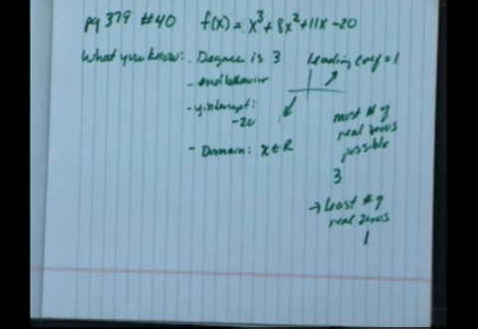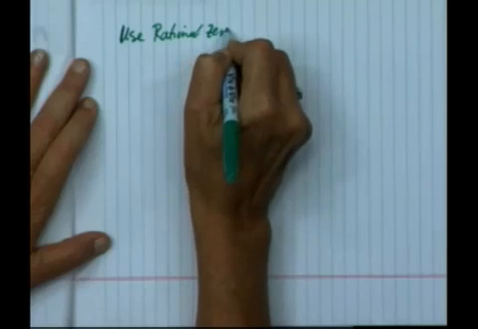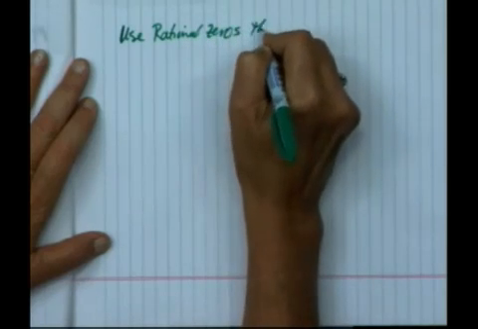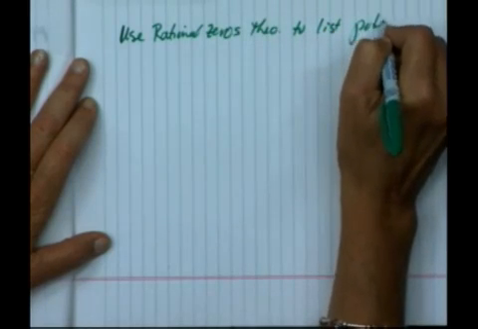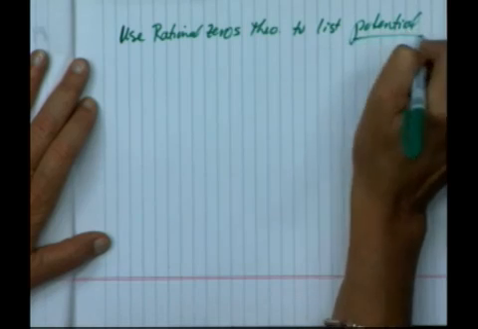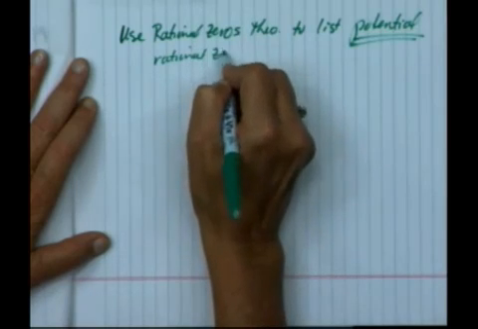We're going to jump on the rational root theorem, the rational zero theorem, to help us find the rational zeros. Okay, we're going to use the rational zeros theorem to list potential rational zeros.